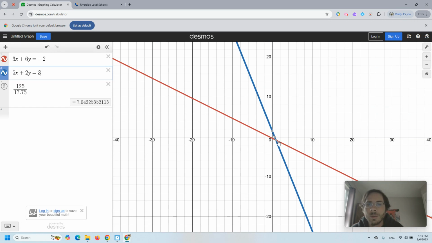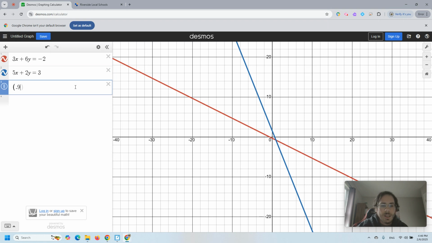All right, and so we have our coordinate pair as our answer. So that's 9.917. Oh boy. All right, well, we're going to store this over here. So 0.917. If I were you, I'd just write this on your paper. And then negative 0.792.